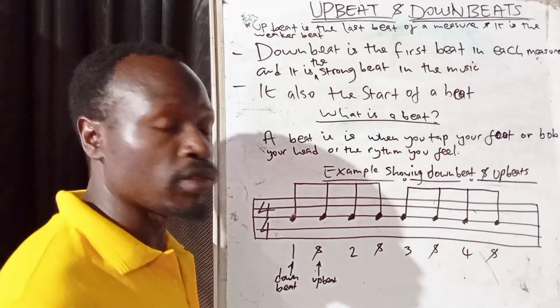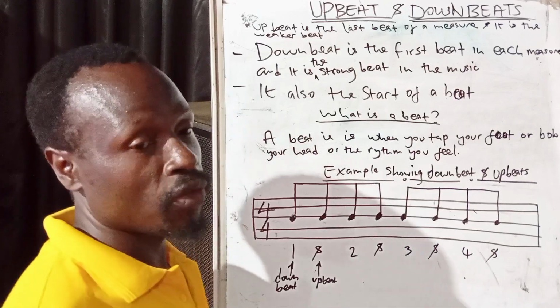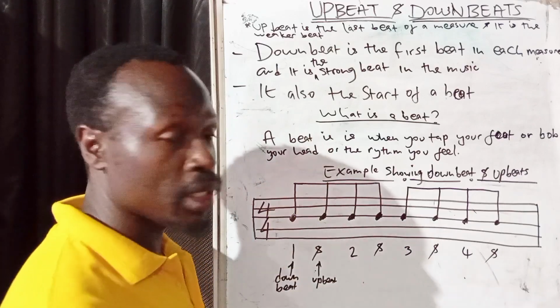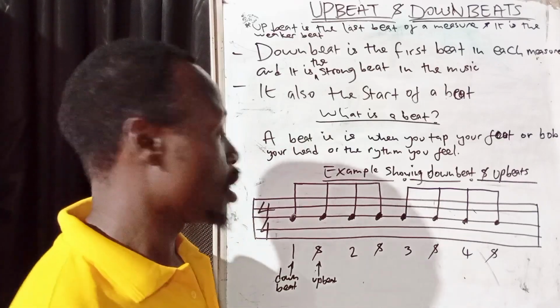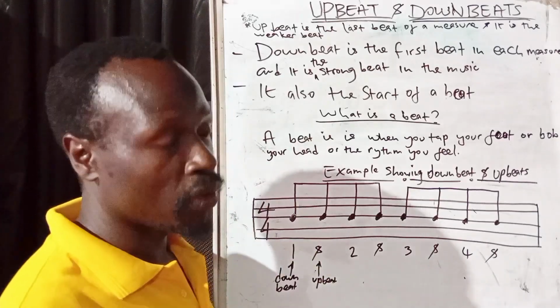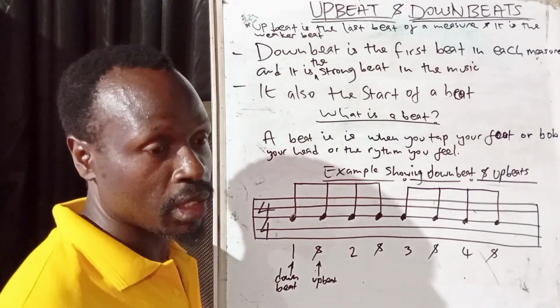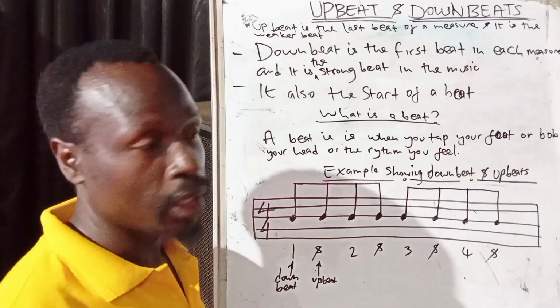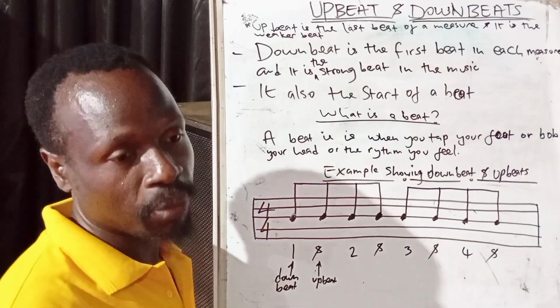And another thing you have to remember is that the upbeat is a weaker beat, and the downbeat is stronger. So whenever you're playing keyboard, at the beginning of a bar, make sure the first note, which is the downbeat, sounds stronger than the upbeat, which is usually towards the end of the bar.